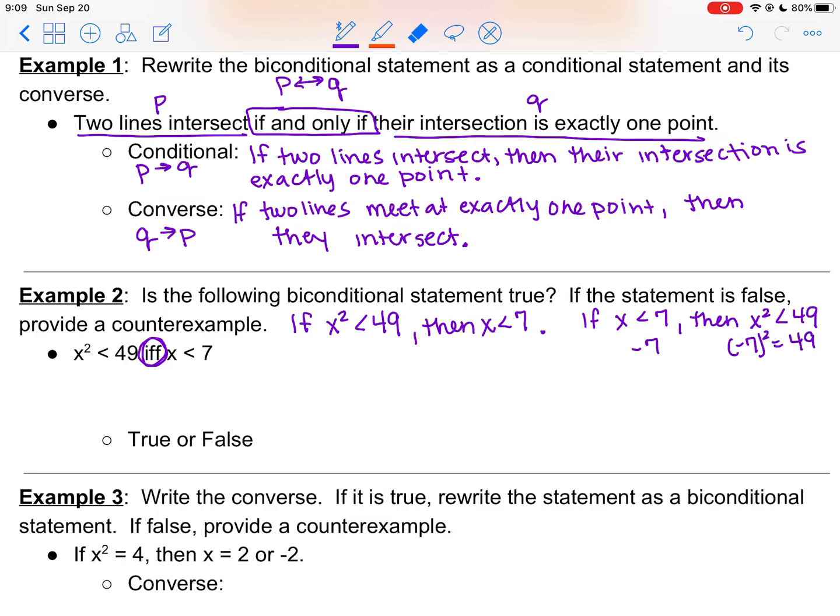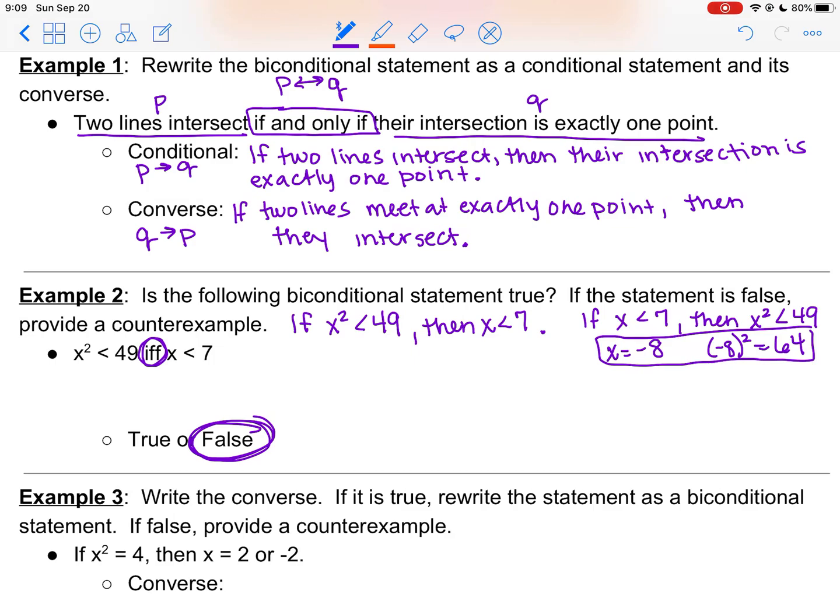So that one's kind of a contradiction because it doesn't say less than or equal to, but we can go even further down and look at -8. So what if x was -8? If x equals -8, -8 squared is 64. And 64 is not less than 49. So this would be my counterexample. And once I find one counterexample, that proves the whole thing false.